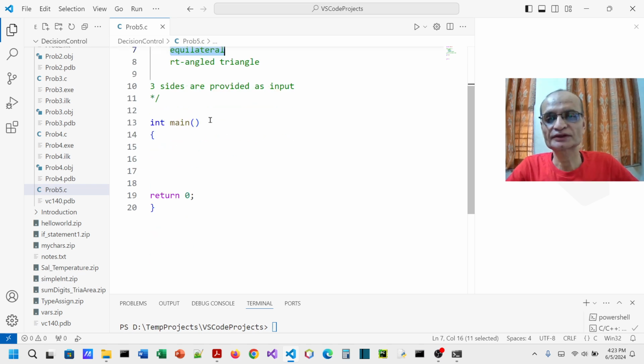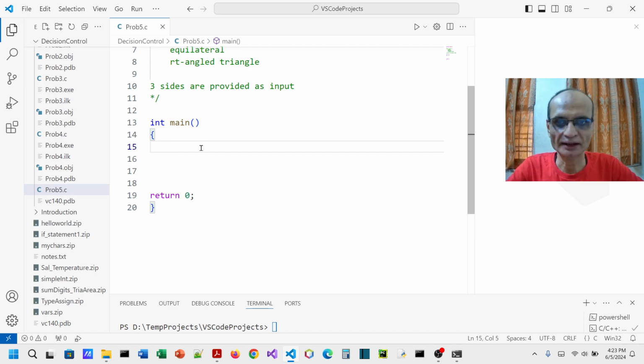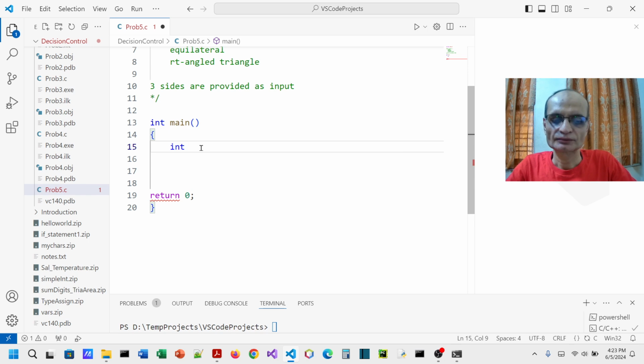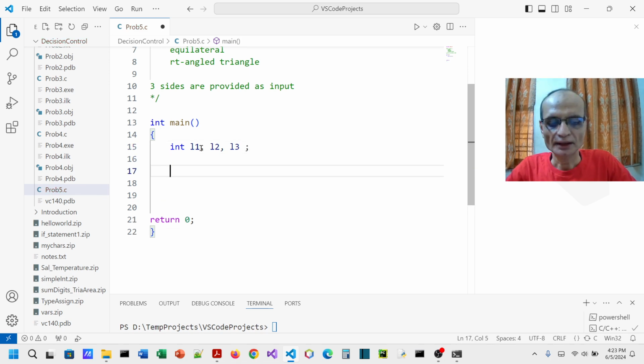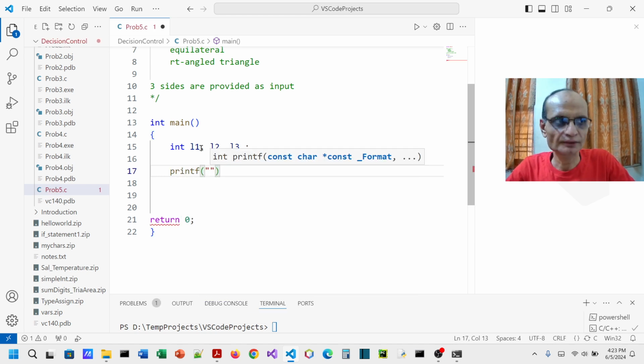So we need to take input by doing the scanf. Let's first identify the variables that we can use. We can use L1, L2 and L3, which are the lengths of the three sides. Then we will have the user enter those inputs, the three sides of the triangle.